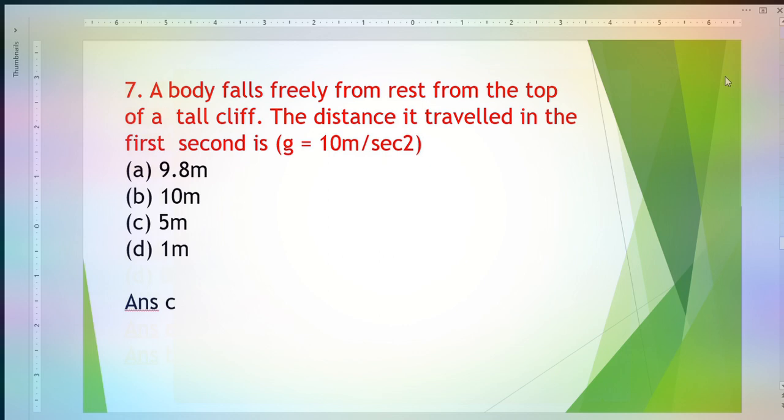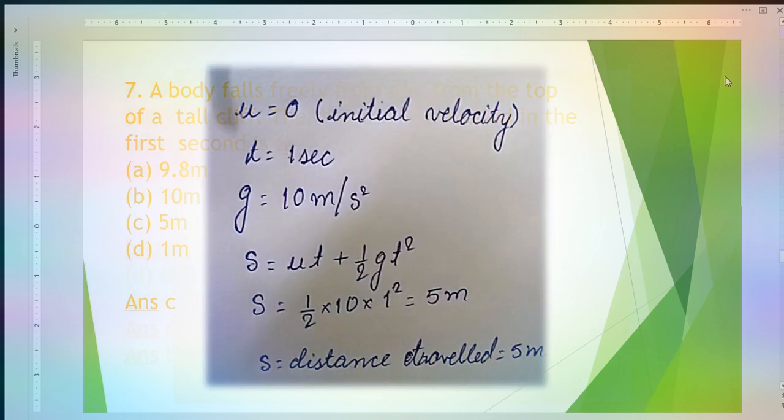Let us solve this numerical. Here initial velocity u equals 0, t equals 1 second, g equals 10 meter per second square. We know that s equals ut plus half gt square, where s equals distance traveled in particular time interval t.